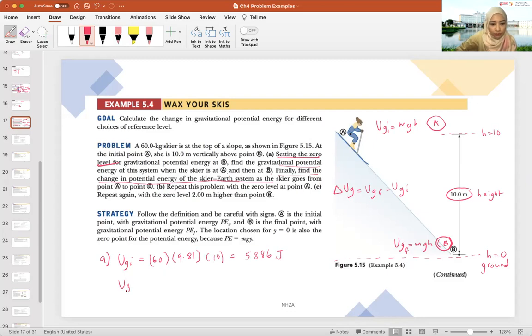For our UG final, it is at point B, our height is zero. So this is 60 times 9.81 times 0, and this would be 0. And the change in UG would be final minus initial. So I would get minus 5886 joules. So we solved for A.